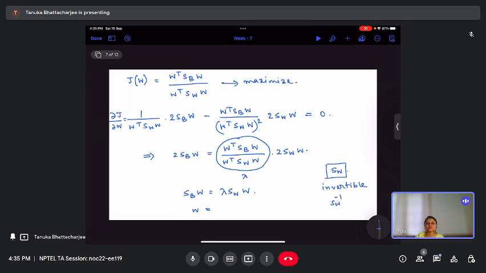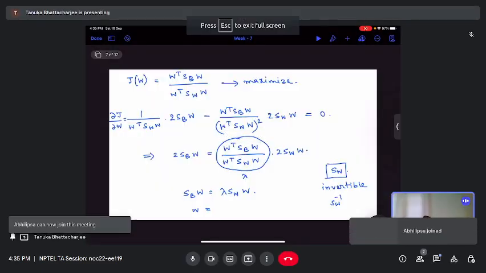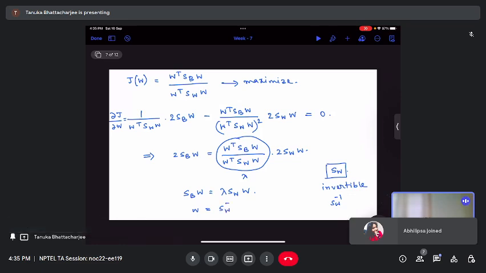We are concerned with the direction only. So, I am just considering the direction and not the constant quantity. So, in that case W will become SW inverse SBW. This is because we are assuming that SW inverse exists.